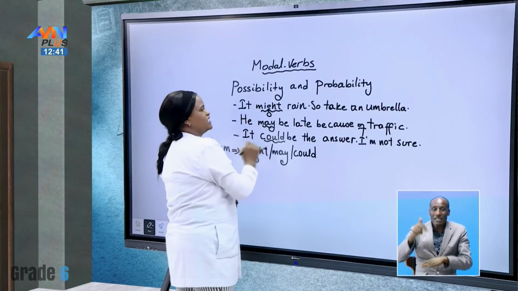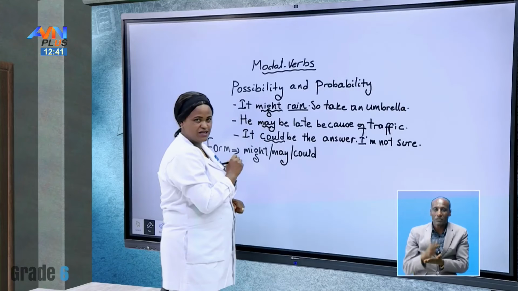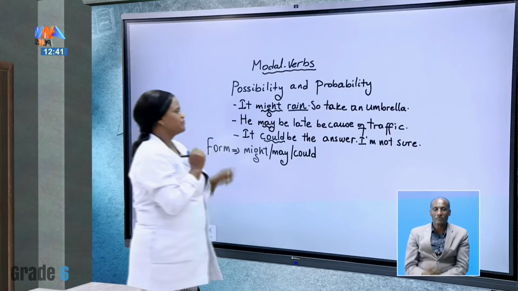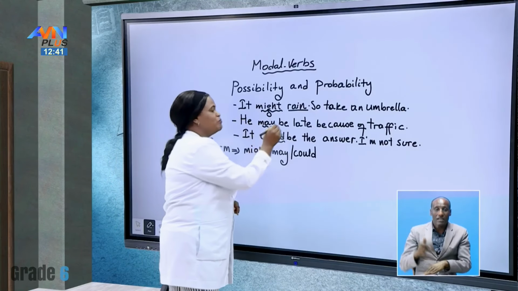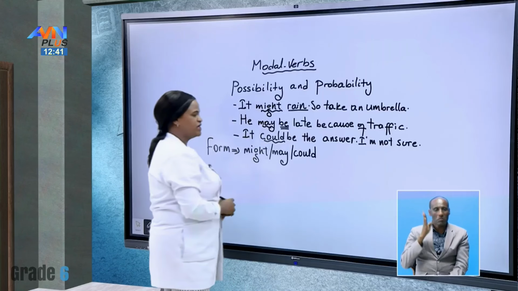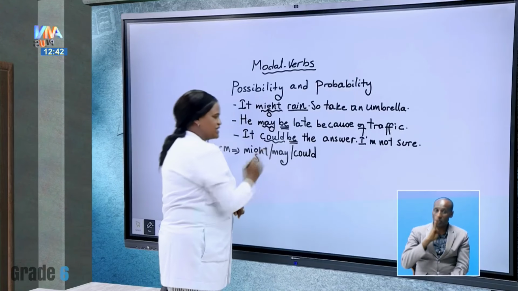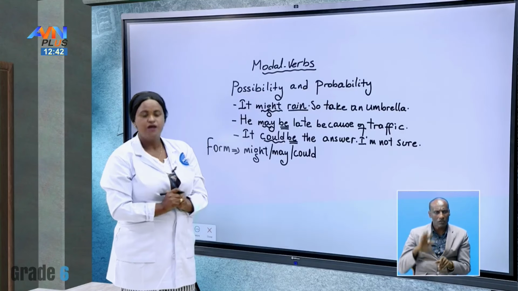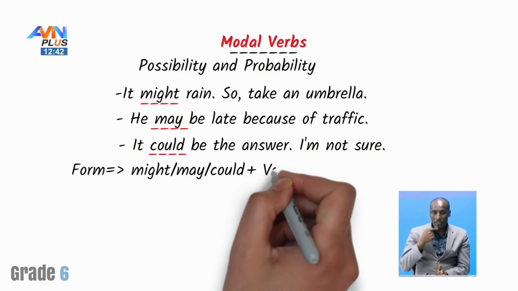Then, what comes after these three verbs or these three auxiliaries is, let's see. The first one, it might rain. What kind of verb is it? Tell the answer to your parents or your mentors, okay? Then, after the second one, he may be. Very good. We have be here. Or on the third one, the same. Fortunately, we have also be. What kind of verbs are these? Very good. If you say infinitive without to or verb 1.